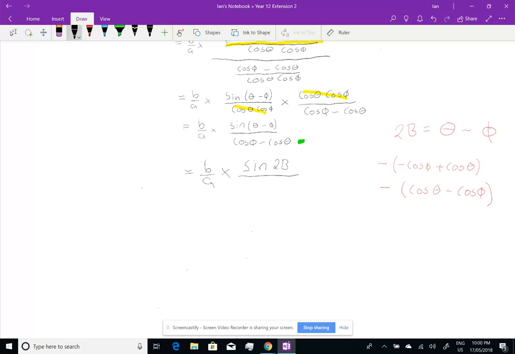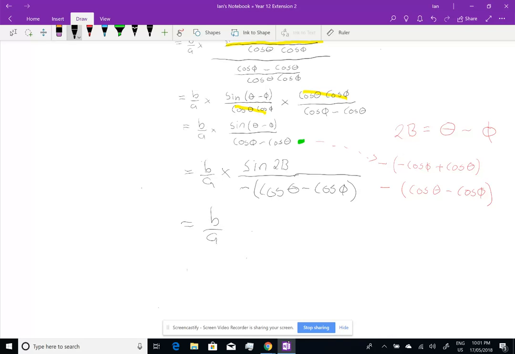Okay, so let's do that. So I got negative cos theta minus cos phi. Right, see that neat little trick there? From that, I just multiplied through by a negative, which changed the sign. Okay, back to the numerator.